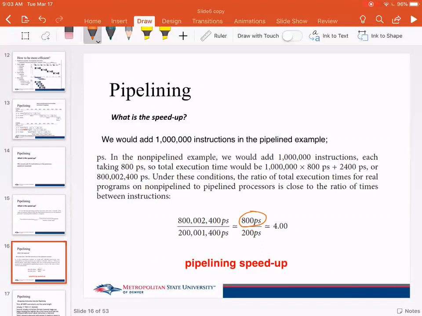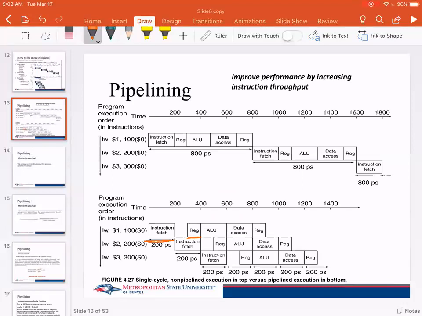And we also know the overall time we need to implement the pipeline version of the original instructions. Then we look at the two different versions. The original one requires 800 times the number of instructions. So this is our overall time.